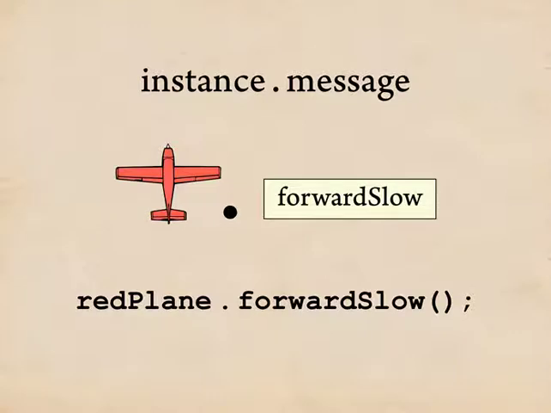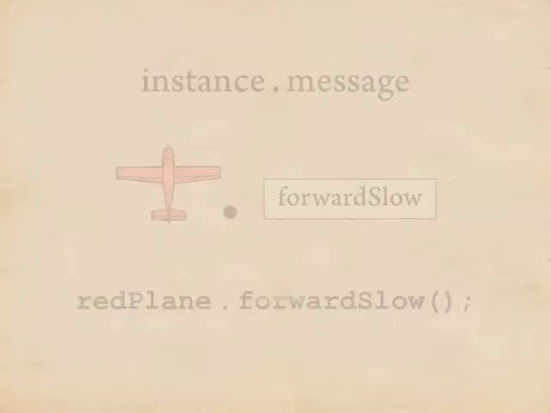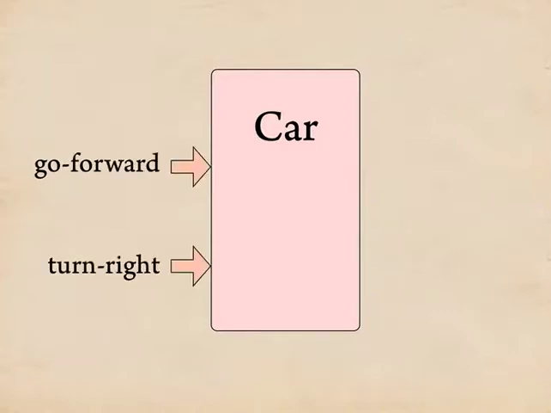Let's now take this from the abstract to the concrete and see how it would look in processing code. I'm going to use a running example not of a plane, but of a car. And we'll assume a car can do the same sorts of things we saw for the plane. It can go forward, it can turn right, and it can render itself. That is, it can draw itself.